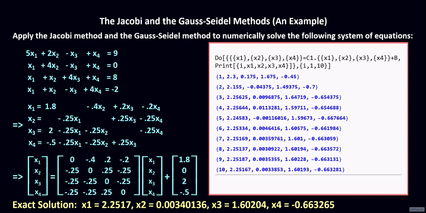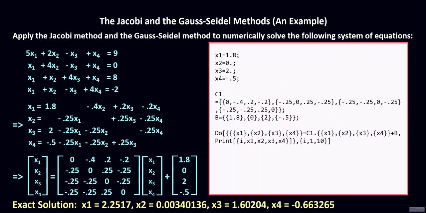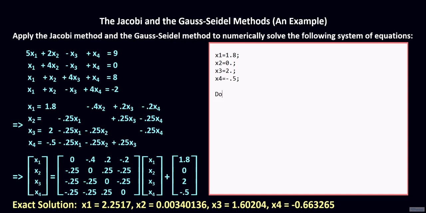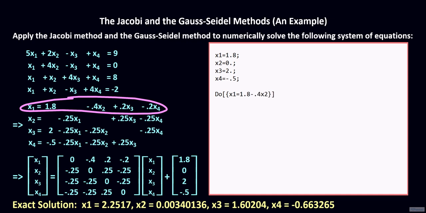Now for the Gauss Seidel method. We start with the same initial estimates for x1, x2, x3, and x4. Then we have the do loop for the recursion. The code is slightly more straightforward. From the first equation, x1 equals 1.8 minus 0.4 x2 plus 0.2 x3 minus 0.2 x4.